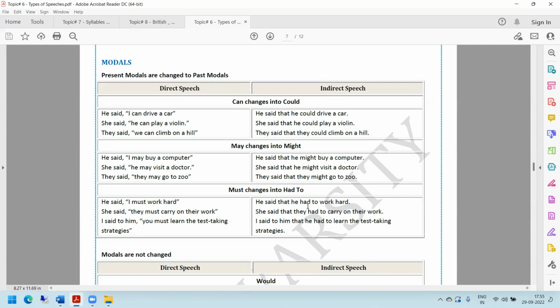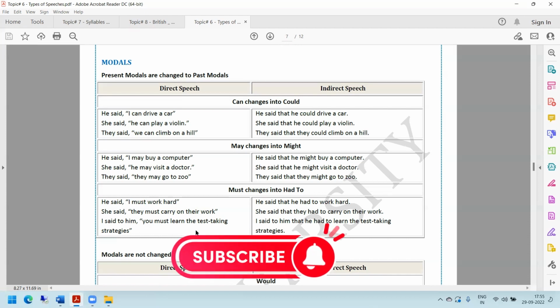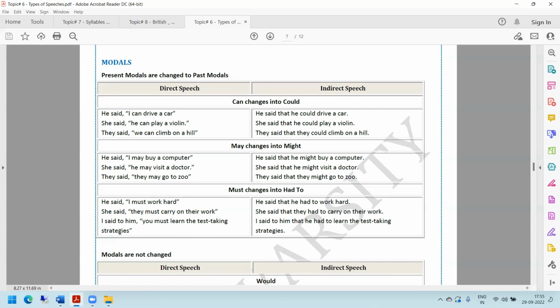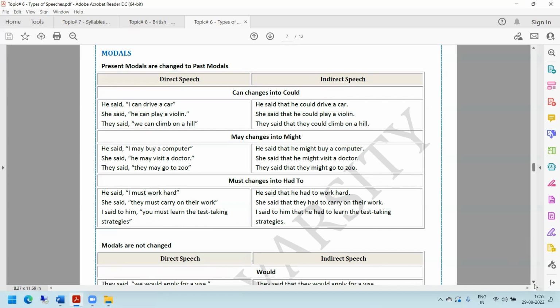Must changes to had to, and only that word is added. I said to him, you must learn the test-taking strategies. I said to him that he had to learn the test-taking strategies. So instead of must, had to is used.